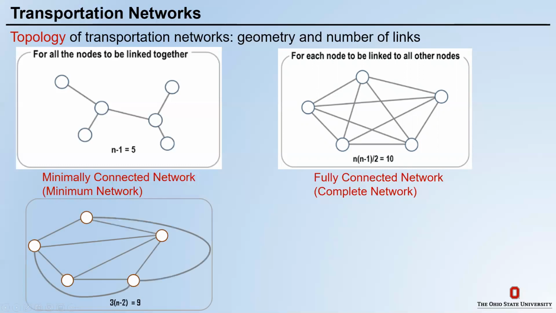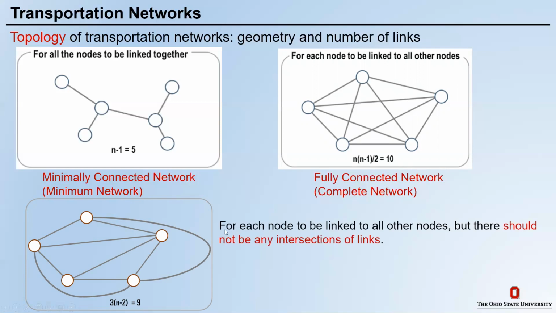Okay, and the third network I want to discuss here is a little bit special. For each node to be linked to all other nodes, this part is the same as complete network, right? But the second part of the requirement is special, that there should not be any intersections of links.